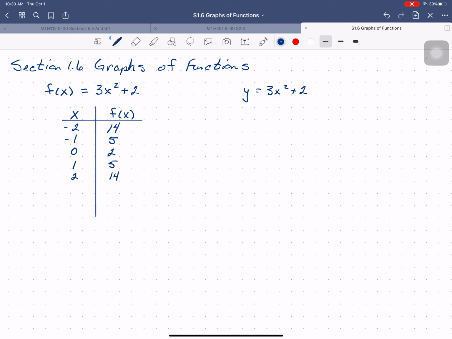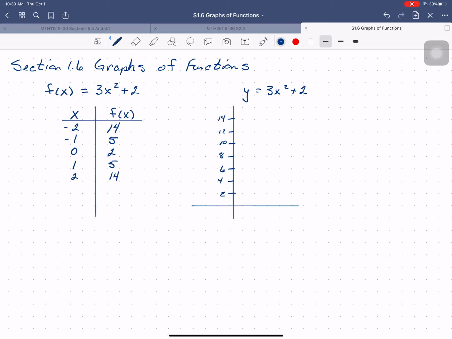So now if I want to graph this, let's see, 2, 4, 6, 8, 10, 12, and 14.